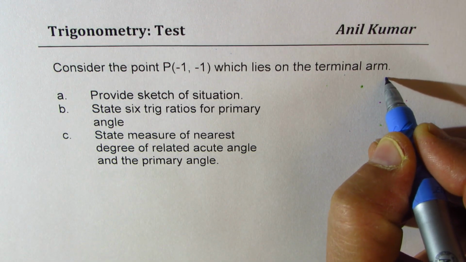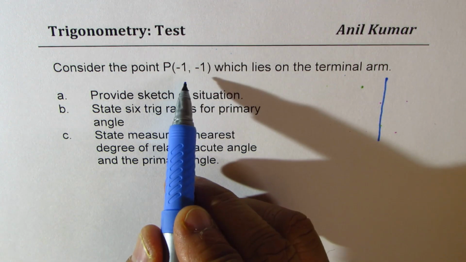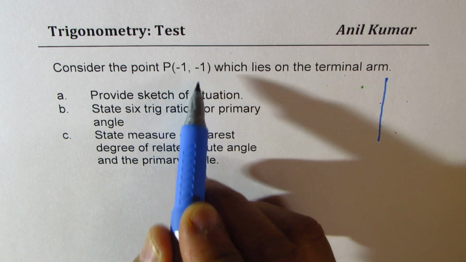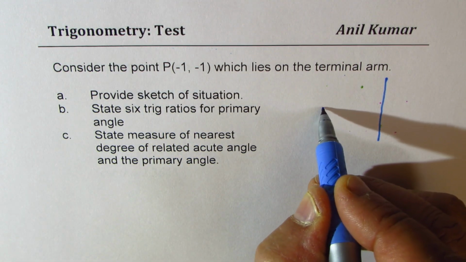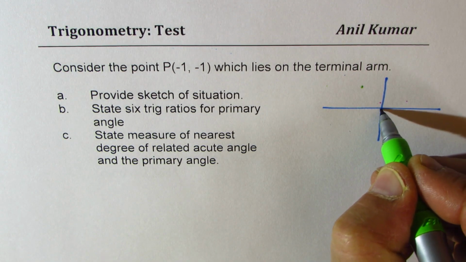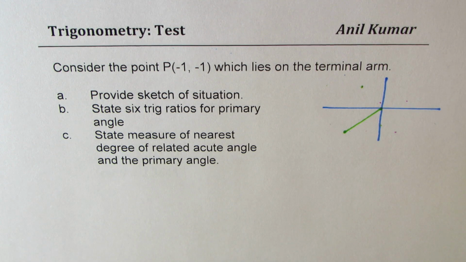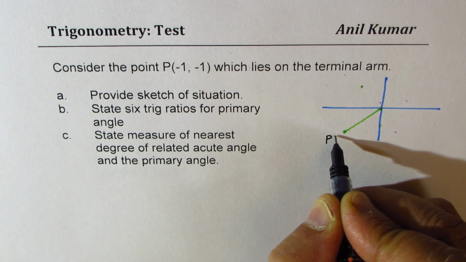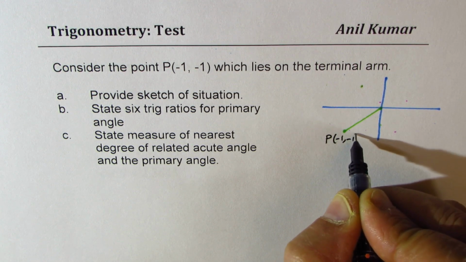Now let's again sketch the angle. The principal angle is in quadrant 3. Both coordinates are negative, right? So the situation is kind of like this. That's the terminal arm. Point P here is -1, -1.